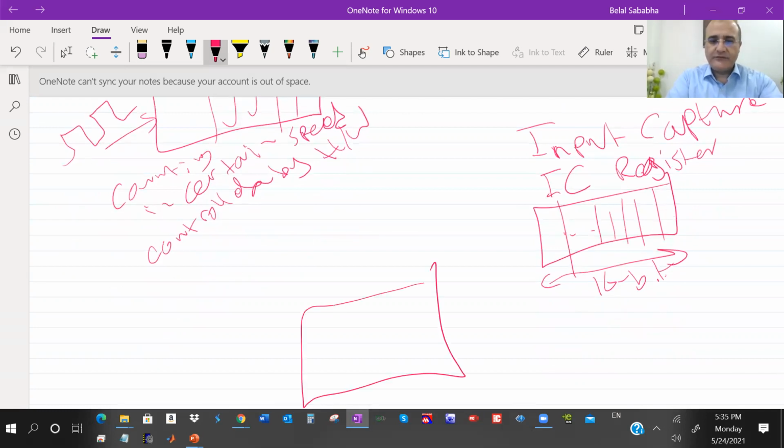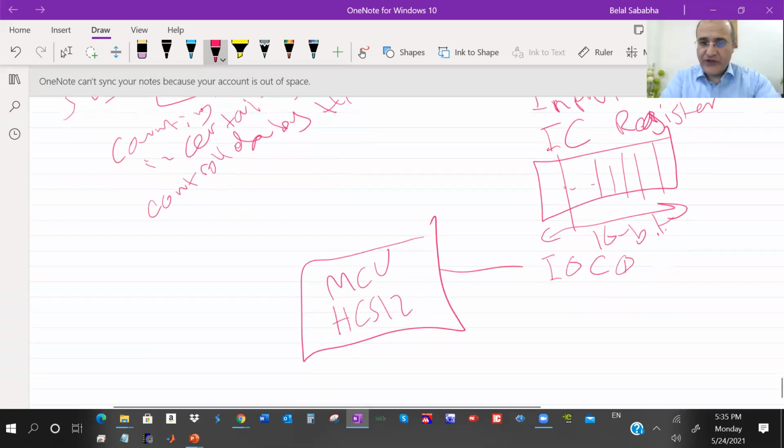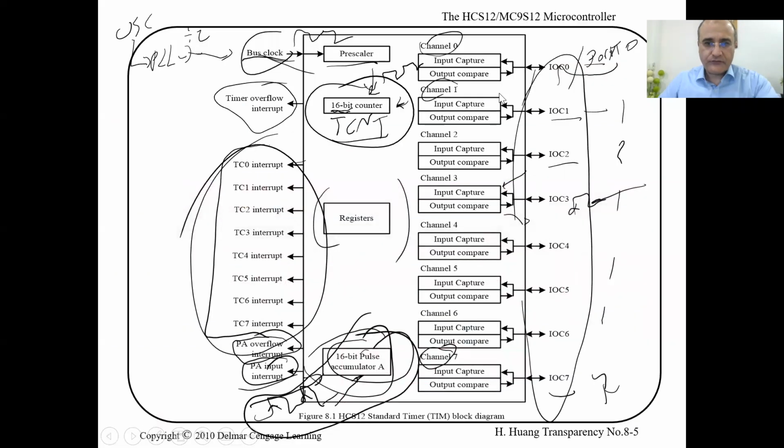Your microcontroller, HCS12, has a pin called IOC0 that can be configured as input capture or output compare. Let's talk about input capture first. And you saw the register, so the input capture register or output compare, but they both share the same pin.